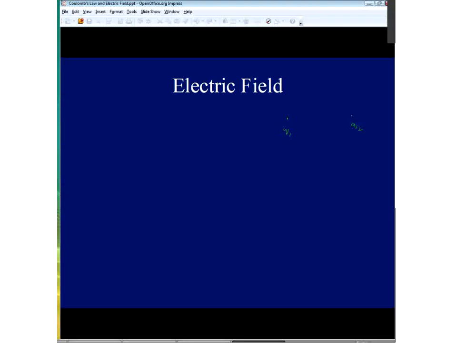Now, because it is something that we don't see, it is difficult to visualize it. So a concept of field lines is developed so that it helps us to visualize.